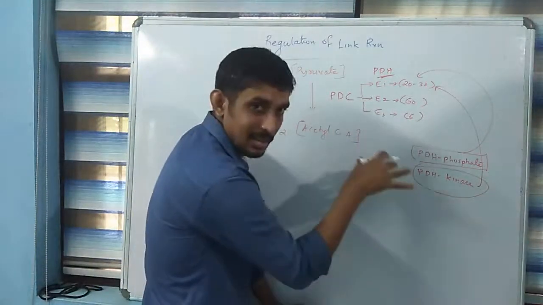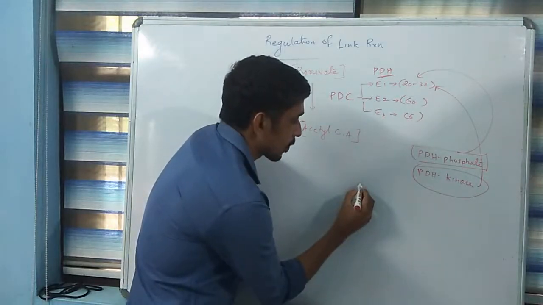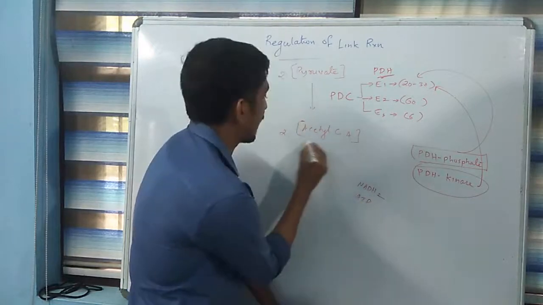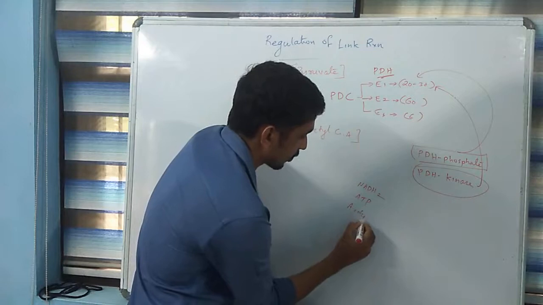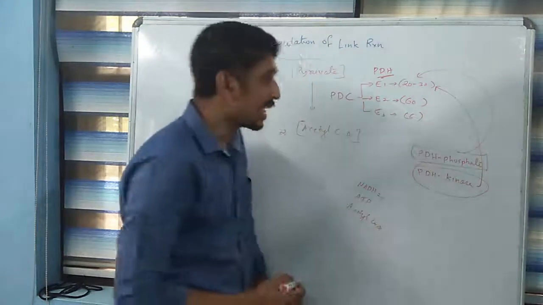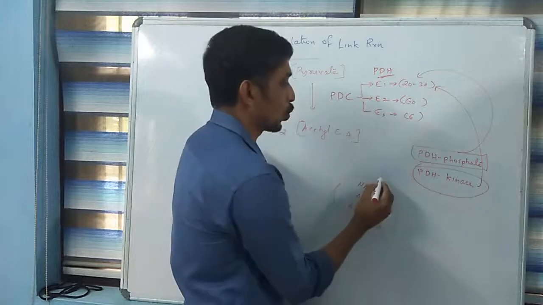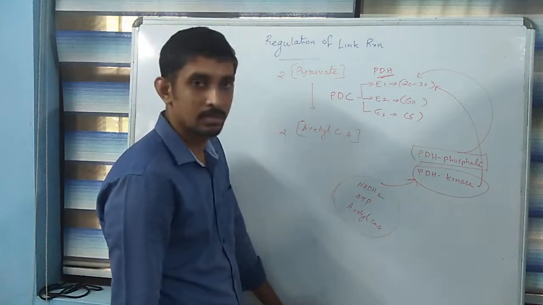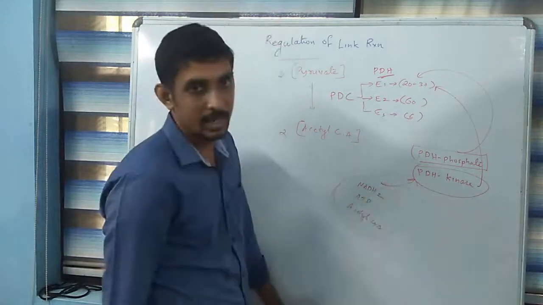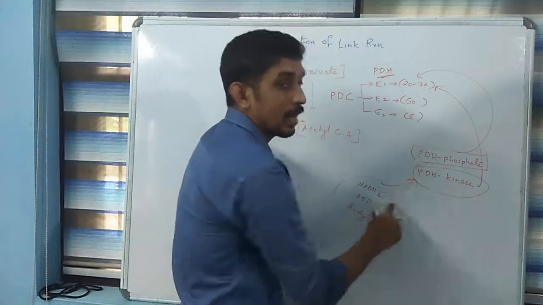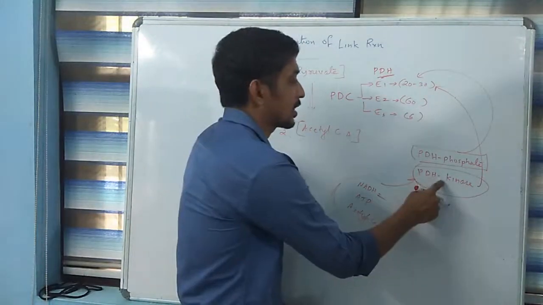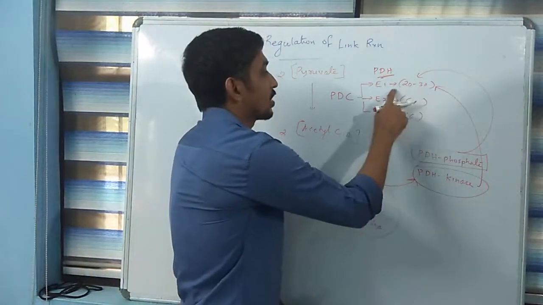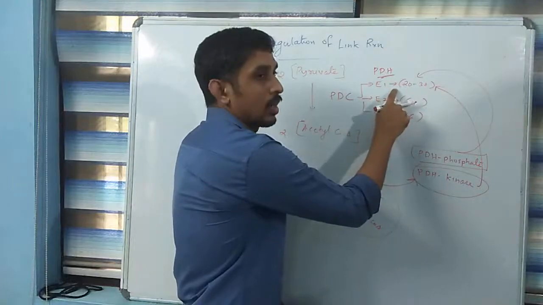And one more thing about this regulation is that NADH2, ATP and acetyl coenzyme A, these three things can stimulate PDH kinase. The activated PDH kinase phosphorylates enzyme 1. Then that phosphorylated enzyme 1 results in the inactivation of E1.